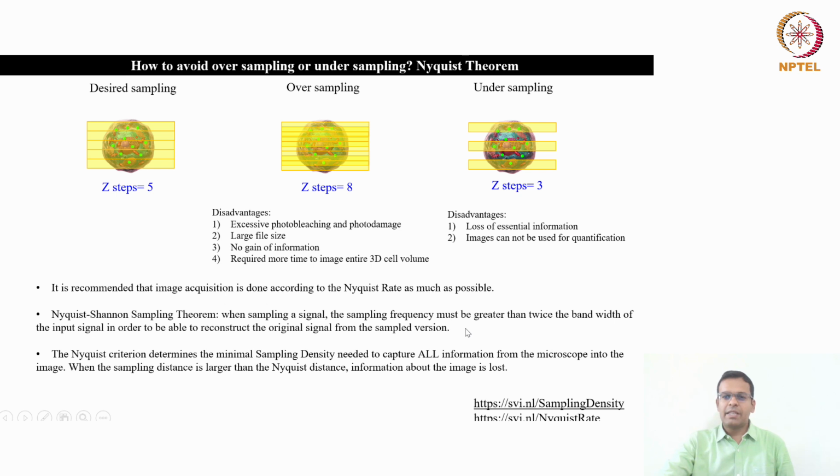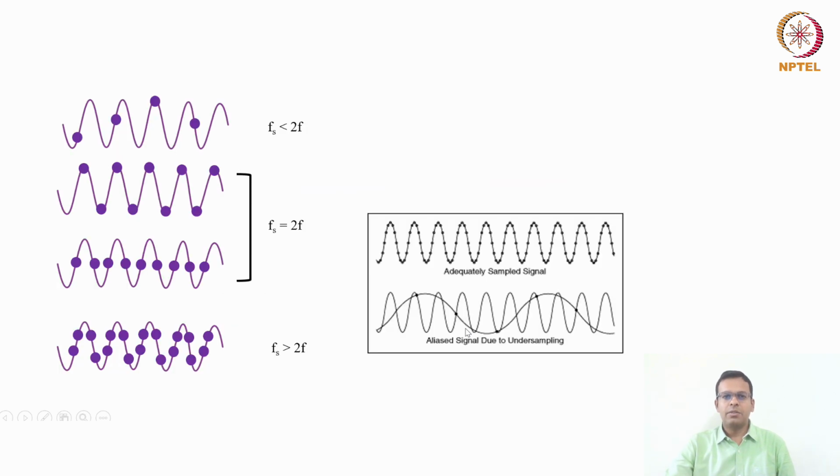Let me explain this sentence using this schematic. This is a wave, and you want to capture this wave. Fs stands for the sampling frequency, and f stands for the frequency of the wave.